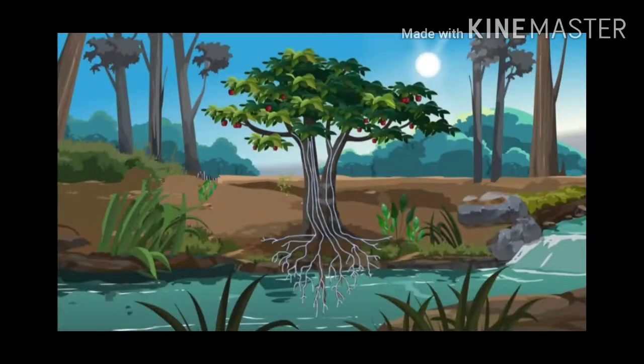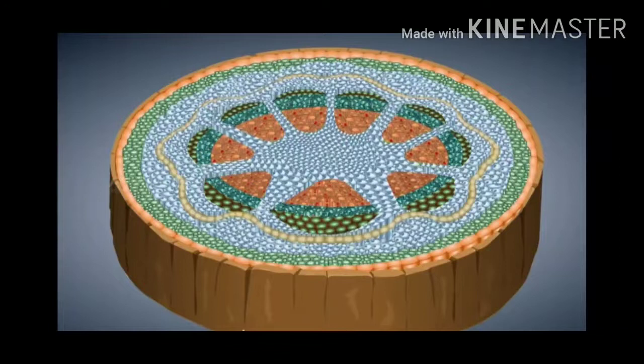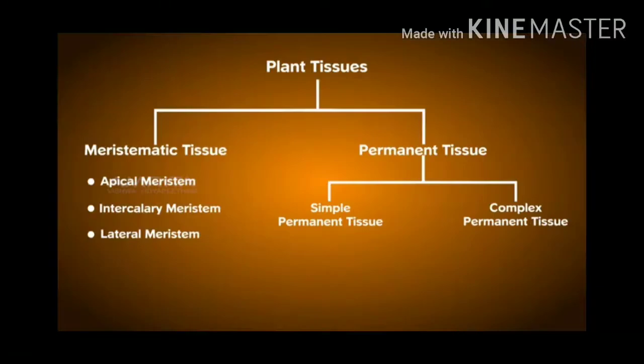Yes, it is the permanent tissues that help in transport, preparation of food, and provide support for the plants. Permanent tissues are none other than the meristematic tissues that mature and become differentiated to form different types of tissues. Based on the similarity of the cells, permanent tissues are classified into simple permanent and complex permanent tissues.